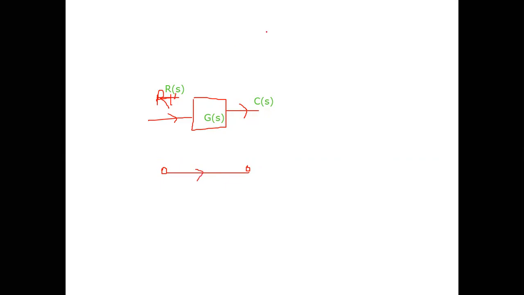Here we have the input R of S, the output C of S, and our system will be represented with a branch G of S. So this is the way by which we convert our block diagrams to the signal flow graph.